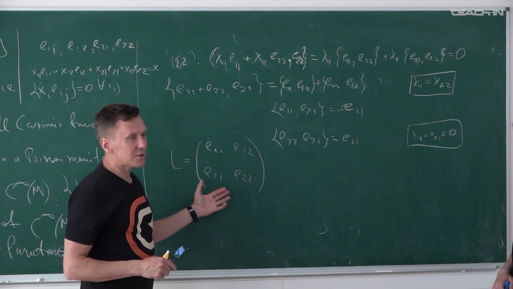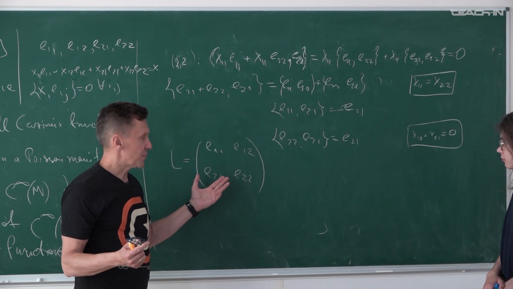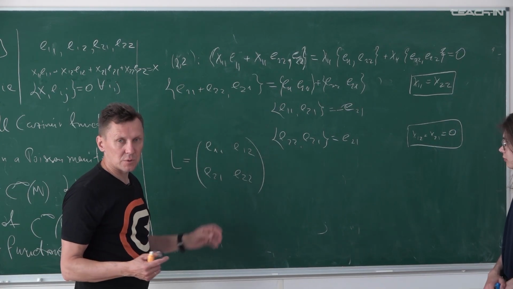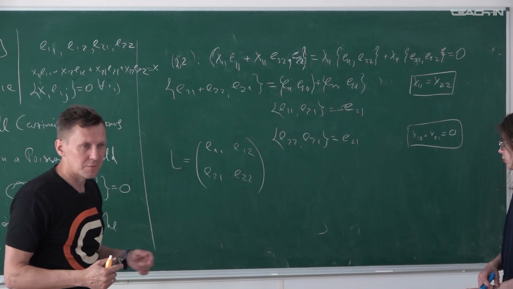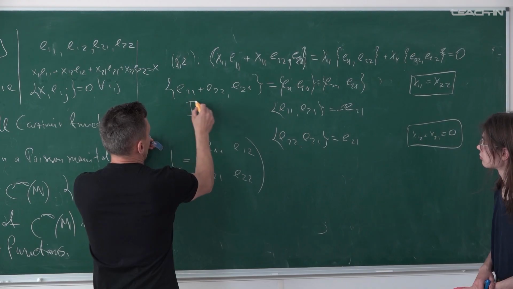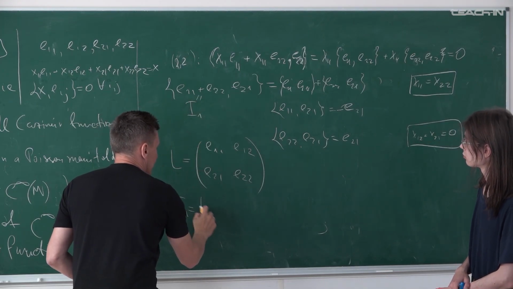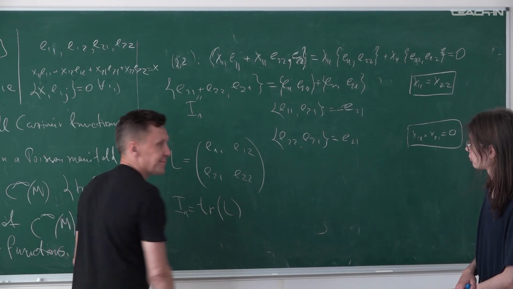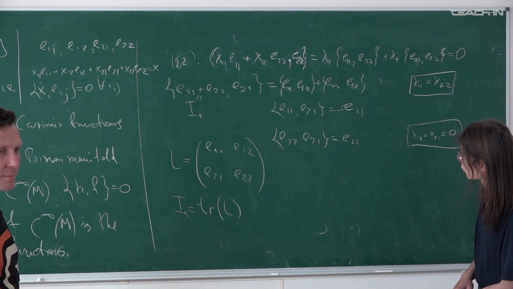These are functions on our Poisson manifold, and I like to organize them into the matrix. I have the right to do it. So this central element, E11 plus E22, is the trace of the matrix L. Do you agree? Yes.